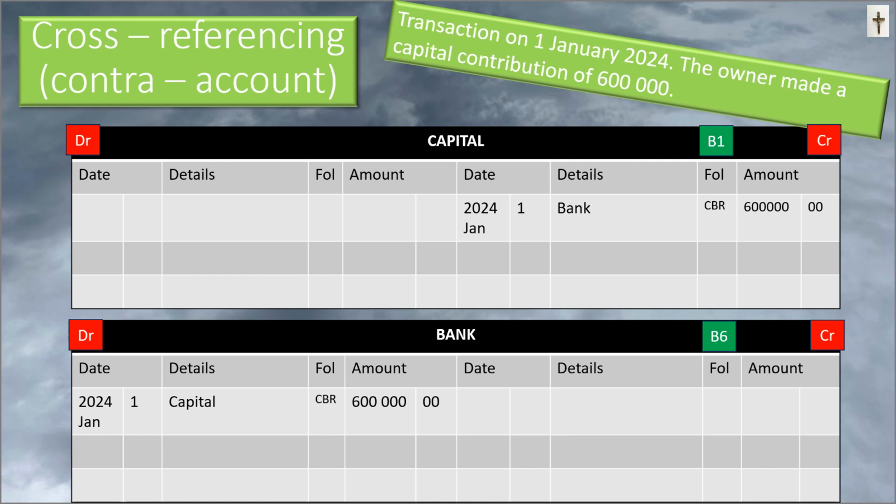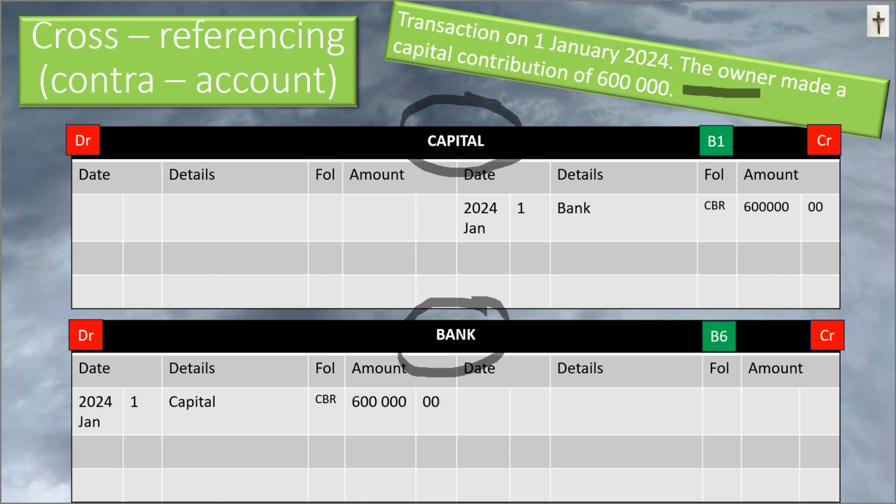As you can see, I've typed out those two accounts from the previous slide. We've got the capital account and the business's bank account, which resulted from the owner putting in 600,000 into the business.